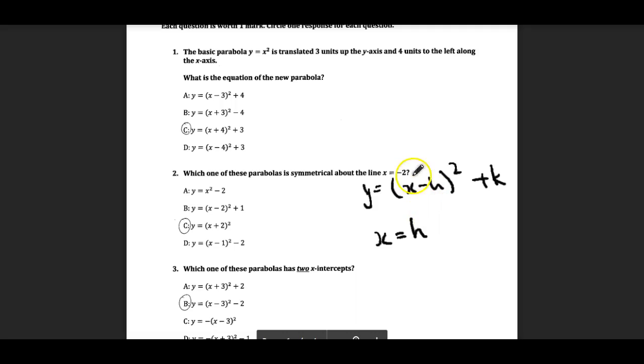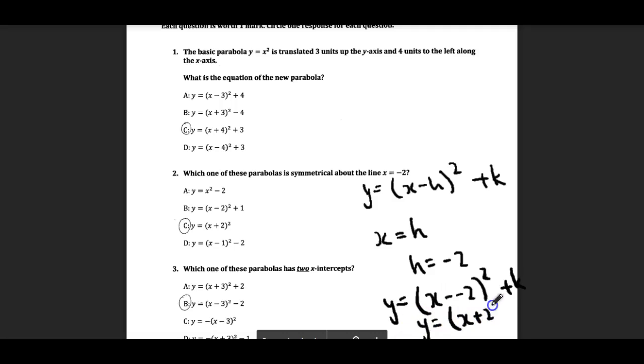So if we're symmetrical along the line x equals negative 2, that means h has to be negative 2. So we need an equation where we have x minus negative 2 squared plus k, doesn't matter what k is. So we need to have something with x plus 2 in it, and you can see C is the only one with x plus 2.